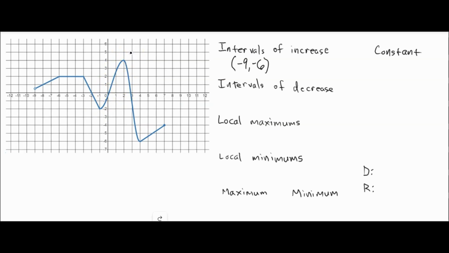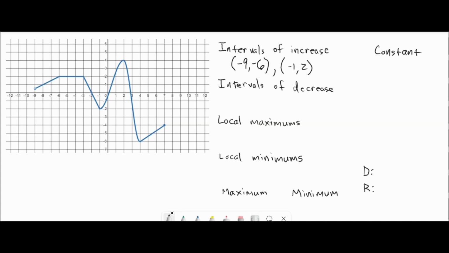And so there's a couple ways we can do this. We can either say union and then -1 up to 2. The other thing that we could do is we could just put a comma. So we can just put -9 to -6, comma, -1 to 2.